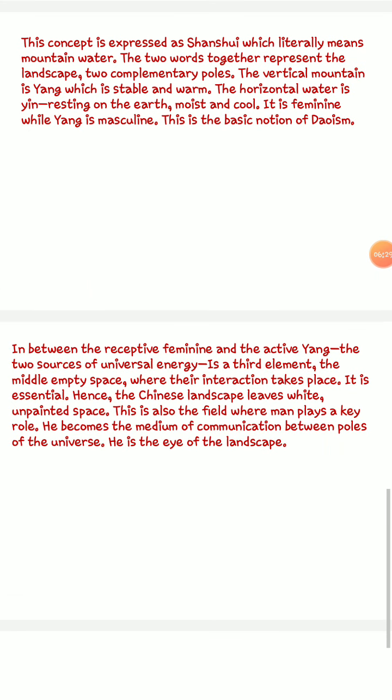This is also the field where man plays a key role. He becomes the medium of communication between both the poles of the universe. And finally, we can say he is the eye of the landscape. Or human beings, considering from the world's perspective, can be cited as the eye of the landscape. So that was the remaining part of this particular summary section. I hope you have understood the concept of San Shui.